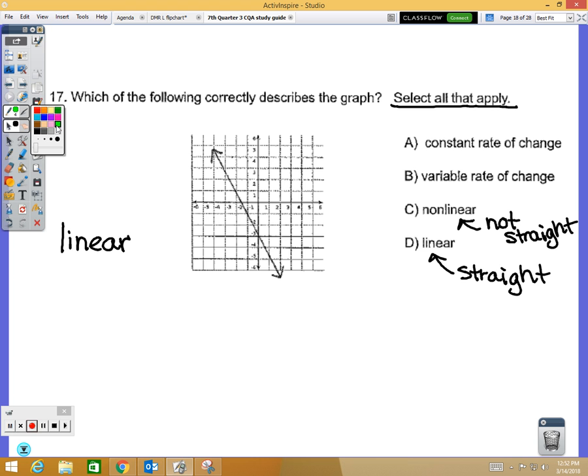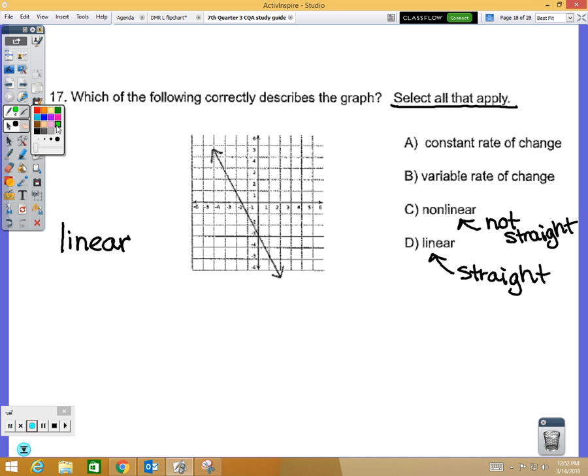Alright, constant means that it doesn't change. Okay? Constant means that it stays the same. For instance, the temperature outside varies. The temperature does not stay constant. It is not always 70 degrees all day long, every single day, is it?